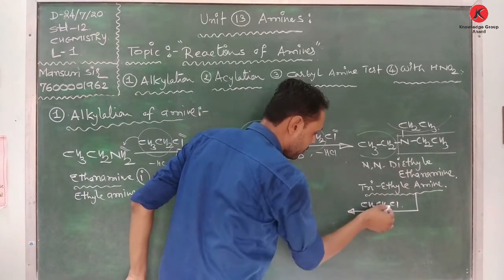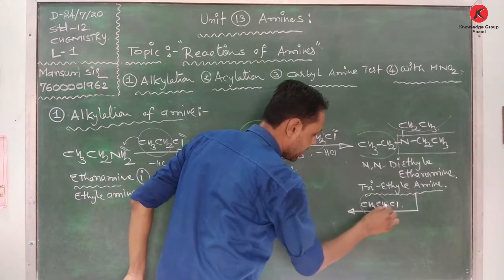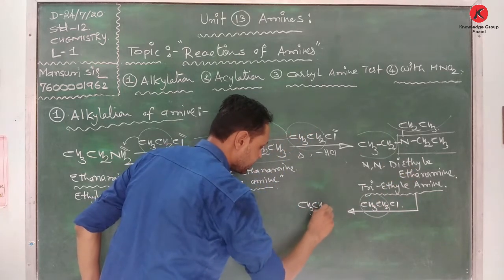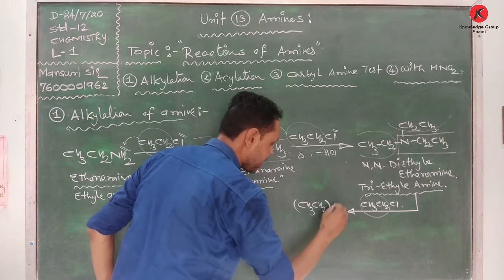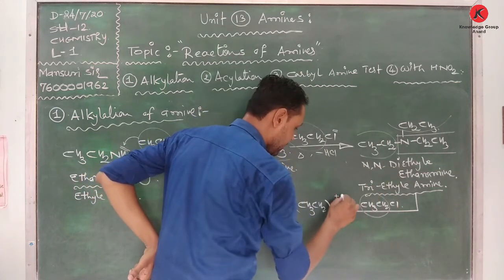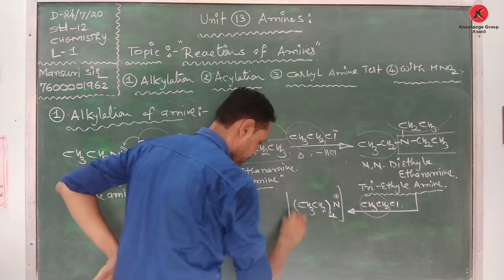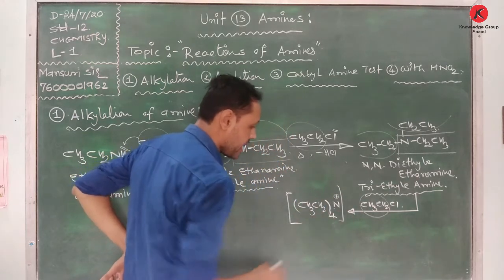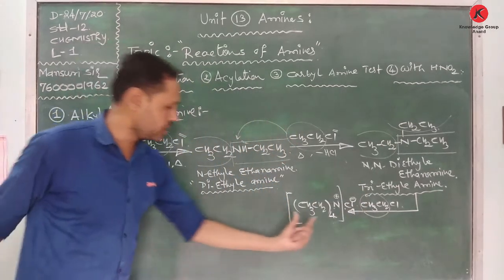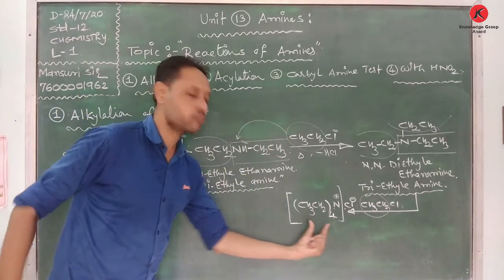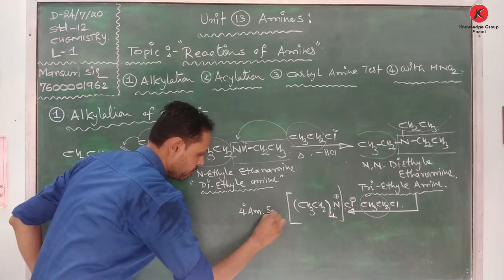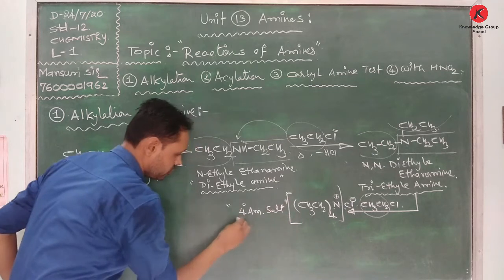Then a 4 degree ammonium salt is obtained. This ethyl will attach to the nitrogen. So CH3CH2 four times on N, and it will contain a plus charge, and outside of this, Cl will be attached. So this is your 4-degree ammonium salt.